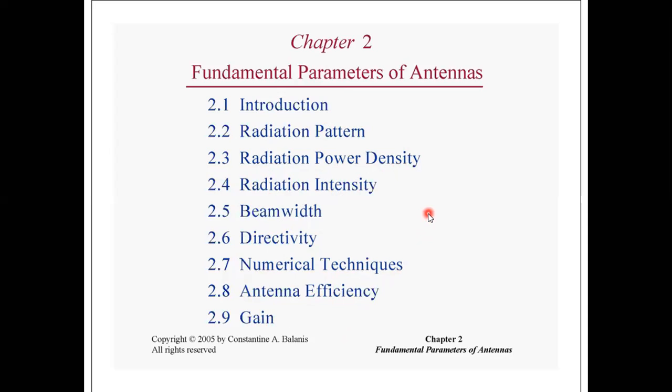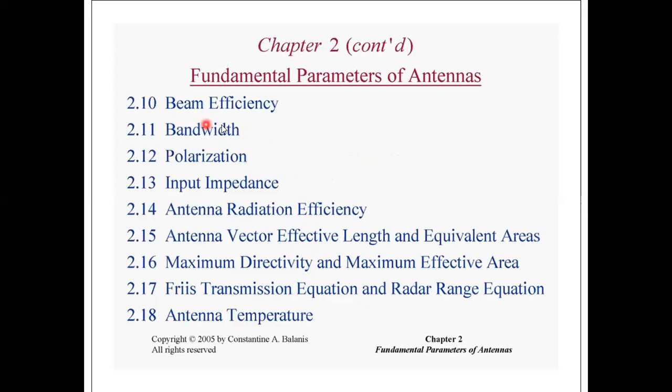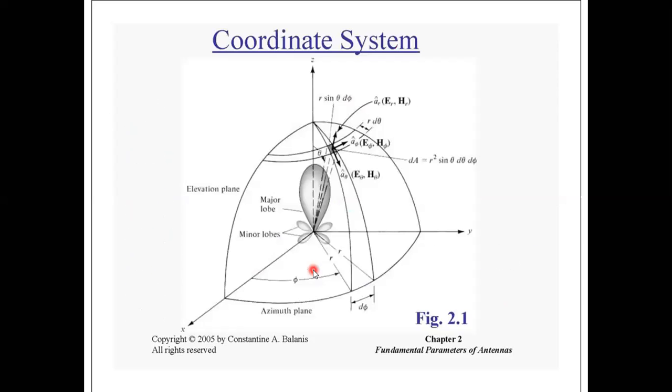Along with this, we have other parameters that we can talk about later: beam efficiency, bandwidth, polarization, input impedance, antenna radiation efficiency, antenna effective length, directivity, effective area, Friis transmission equation, radar range equation, and finally antenna temperature. All these parameters are called fundamental parameters of an antenna.